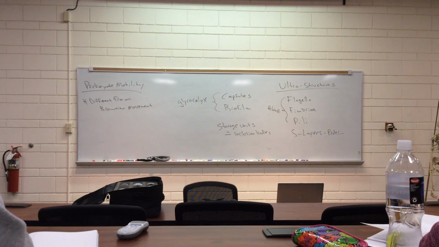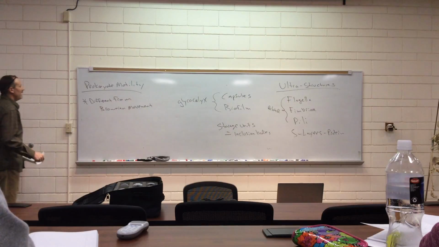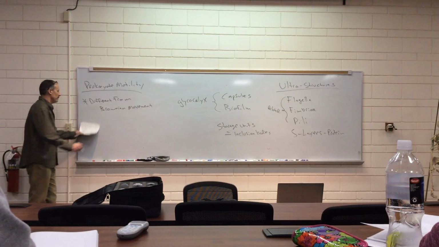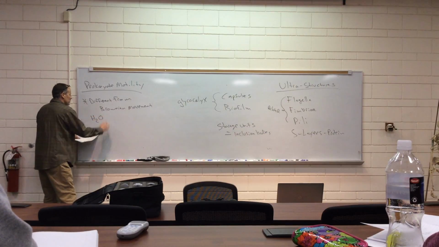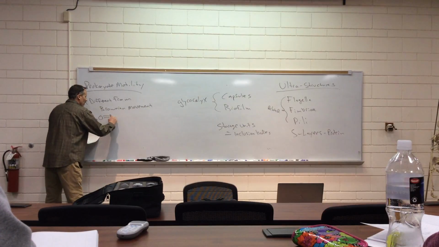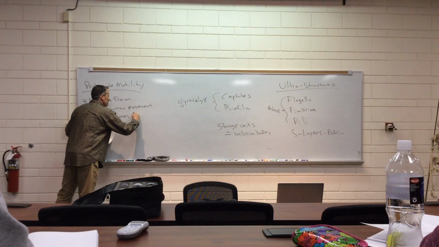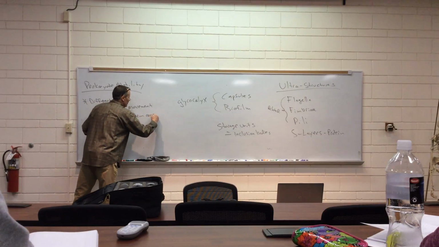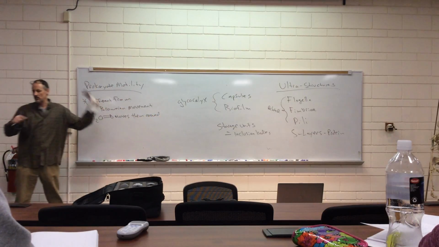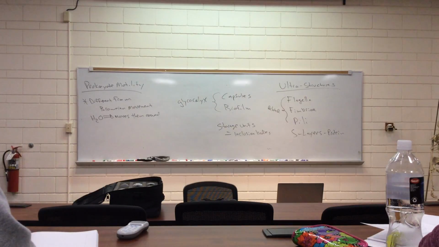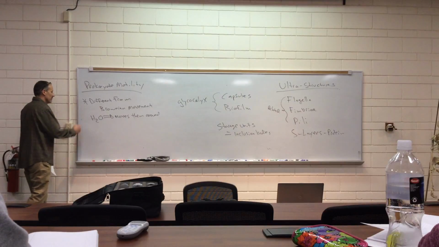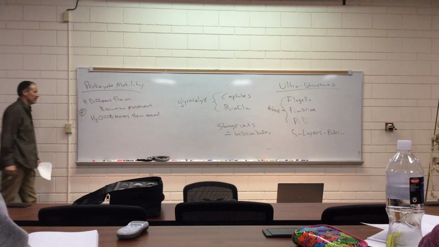We don't keep them in solution. And the reason why is because of this Brownian movement. These bugs are so small that H2O basically moves them around, makes them look like they're wiggling. But all it is just the water molecules bombarding the bacteria, so they kind of shake. So this is not a true movement. Okay, this is a false sort of motility.